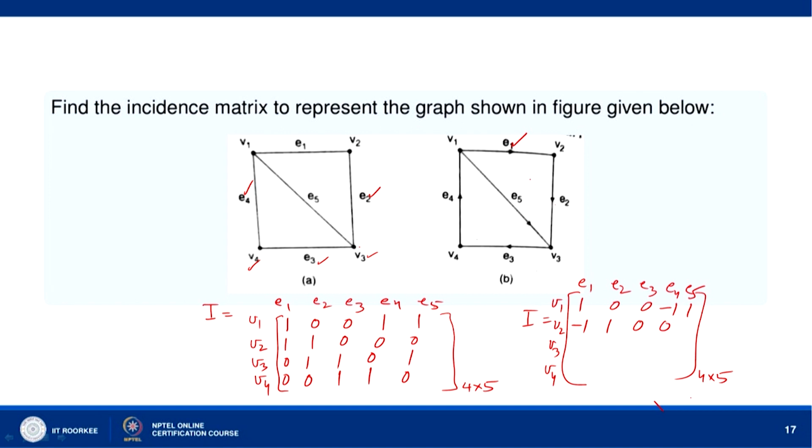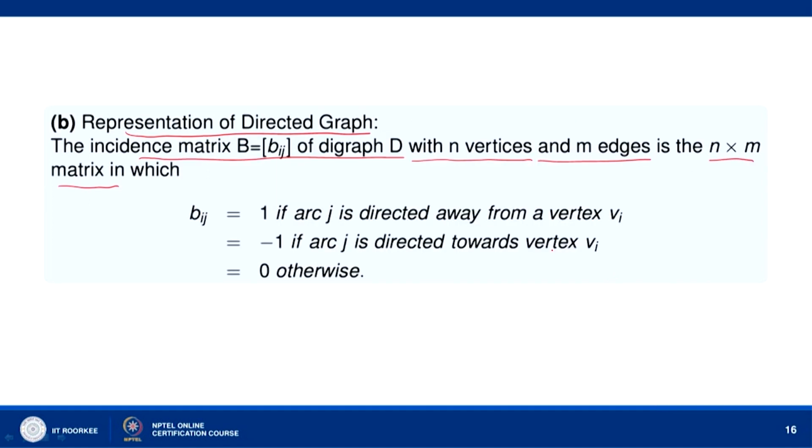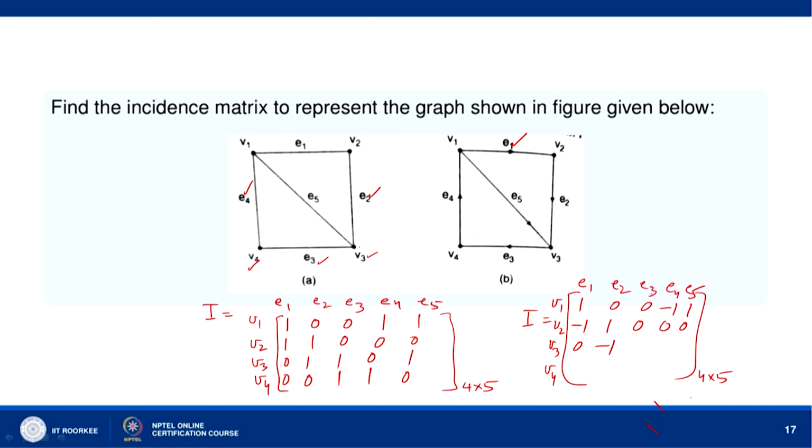E5 and B2, again 0. Then for B3, E1 and B3 are unrelated, so 0. E2 is directed towards B3, and directed towards B3 means minus 1. E3 is directed away from B3, so we put 1 here. E4 and B3 are unrelated, so we put 0.